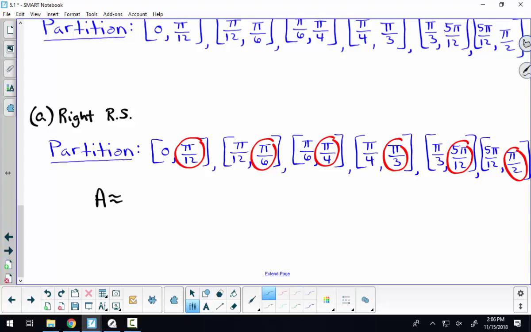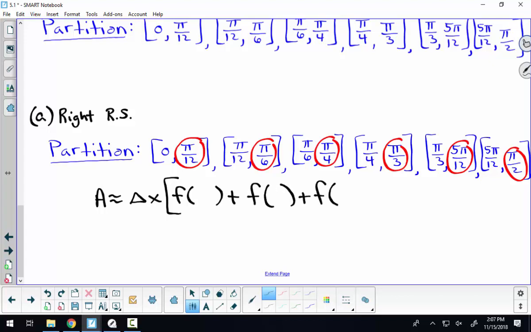So the area then is approximately, like we said, it's delta x. You know, delta x is attached to all of the f's, right? So you could leave the delta x out and multiply just the function evaluated at pi over 12. I can fit all of this in here. Plus the function evaluated at pi over 6.